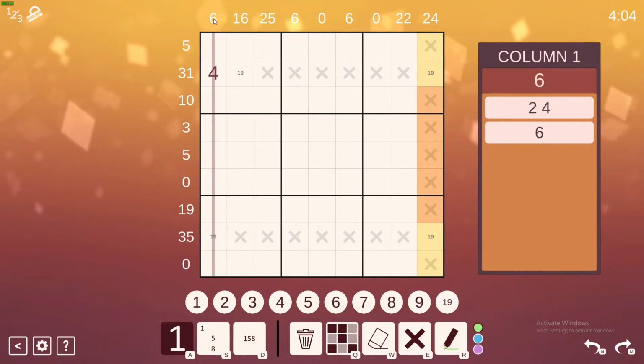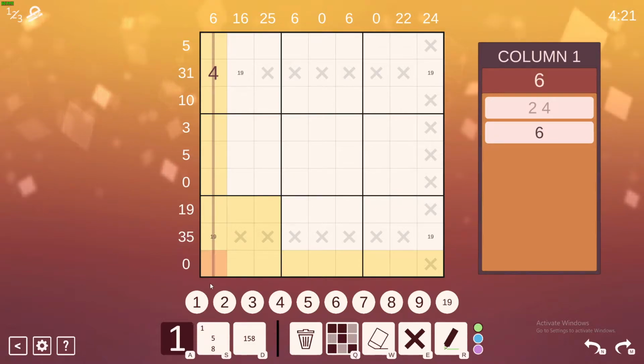So this 6 here, we can use this clue. So we won't contain a 4 because the 4 is all the way up there, far away from this 1, 9. And we know that we can't have a 6 here because there's no spot to place the 1 or the 9.